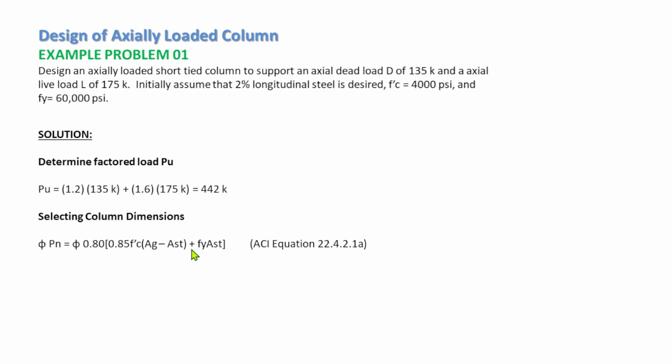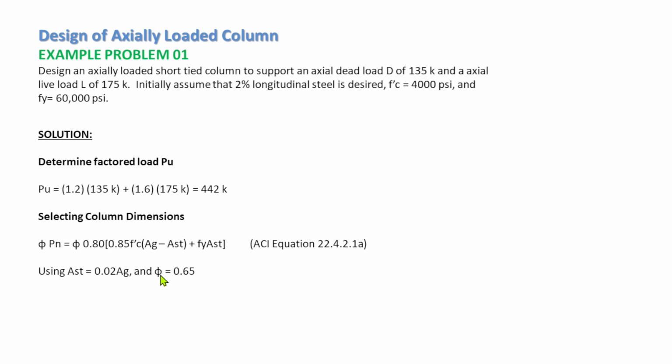And we have to add the compression of the steel reinforcing bars, which is Fy times the area of steel. Using these parameters, we have 2% of the gross area, that is the required 2% longitudinal steel.